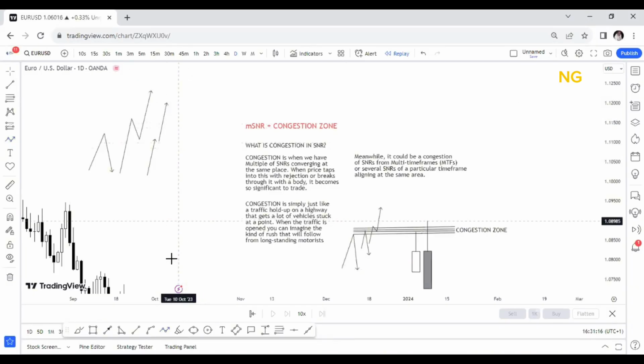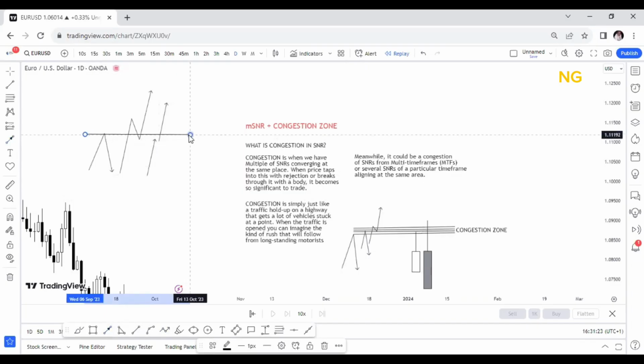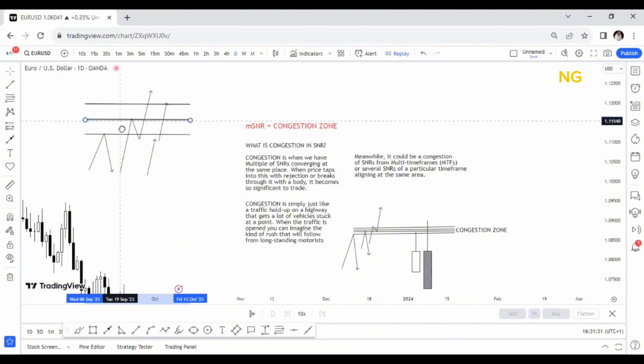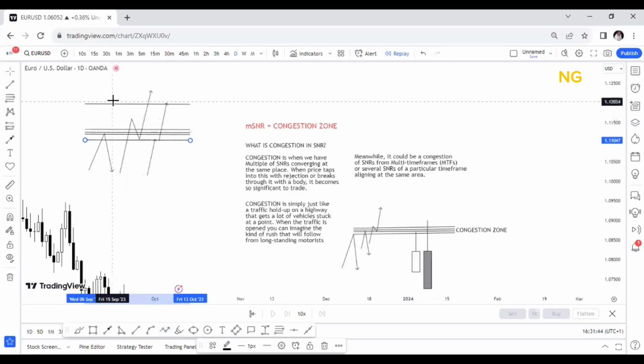So this could become a congestion. You can have multiple of them like that, a kind of congestion.